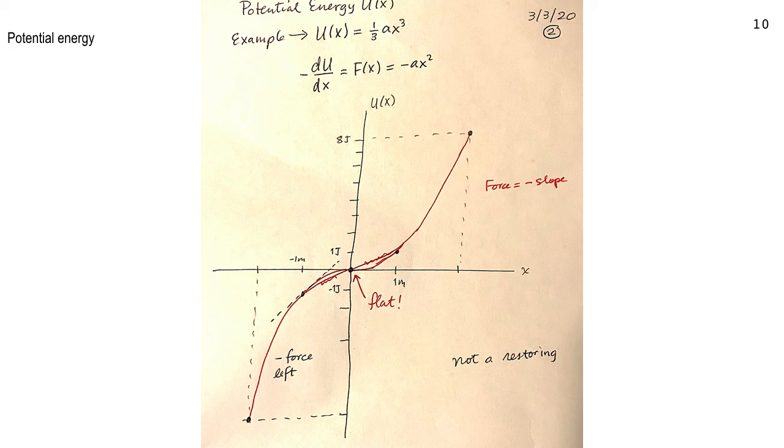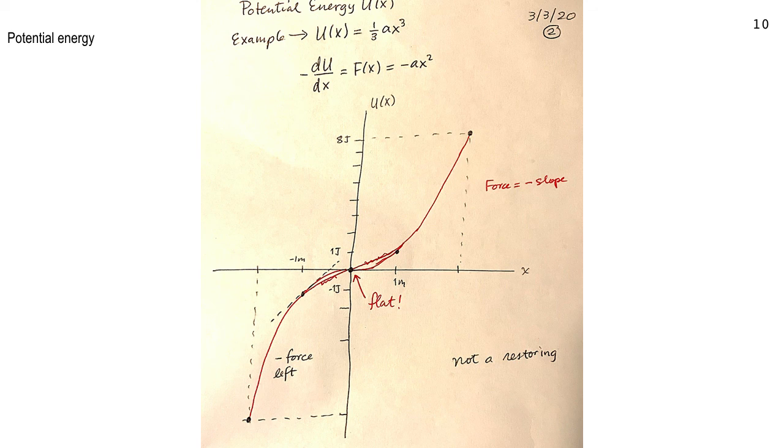So you have a positive slope there, but the force is the opposite of that. So you actually have a negative number of newtons, which means you're going left. So as soon as you pass the origin going left, you keep going and you start accelerating left, right? So this is not a restoring force.